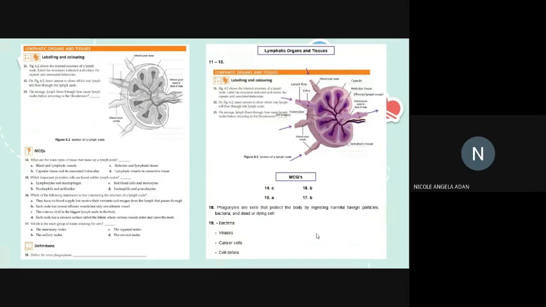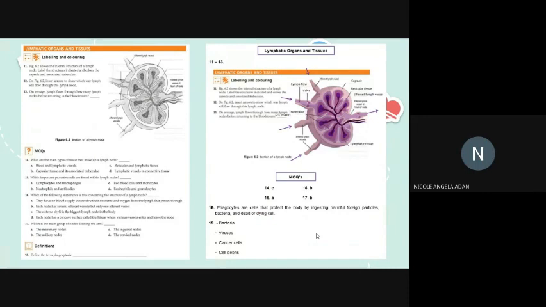So number 12, on figure 6.2, insert arrows to show which way lymph will flow through this lymph node. So the vessels here at the left part are where lymph flows into the node, and then it flows out of the node through this one wide vessel at the right part of the picture.